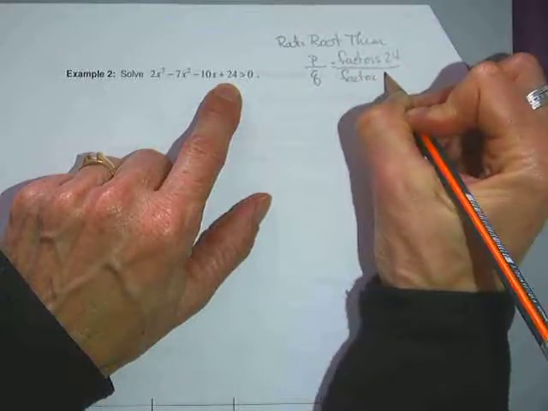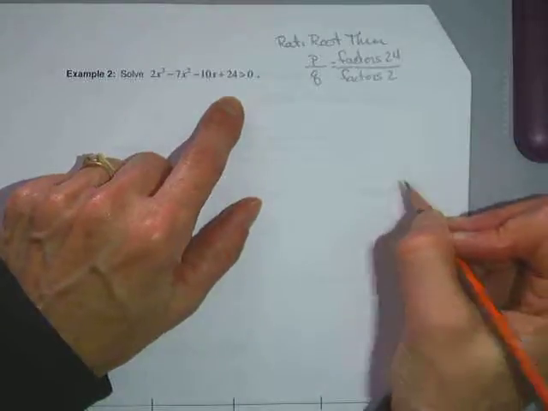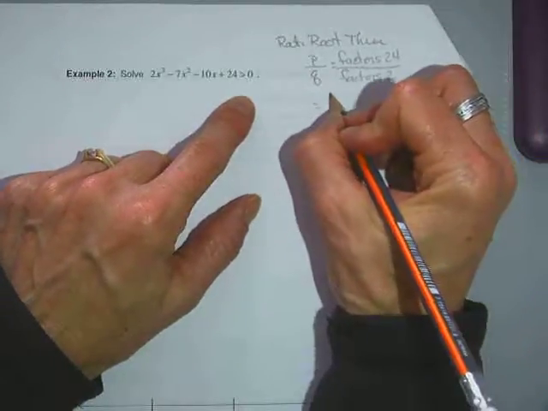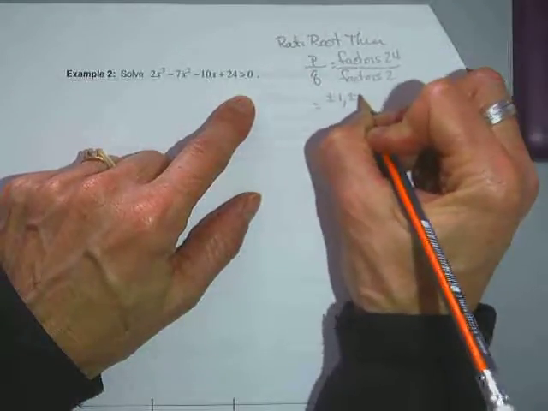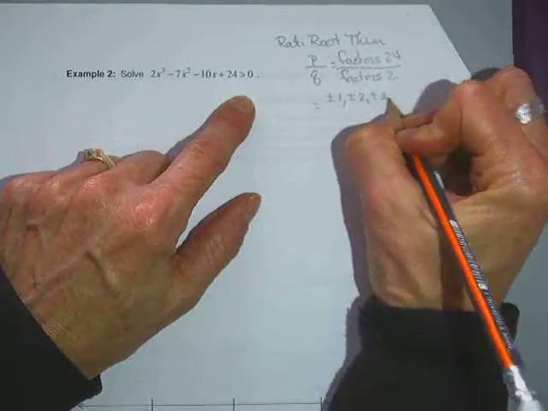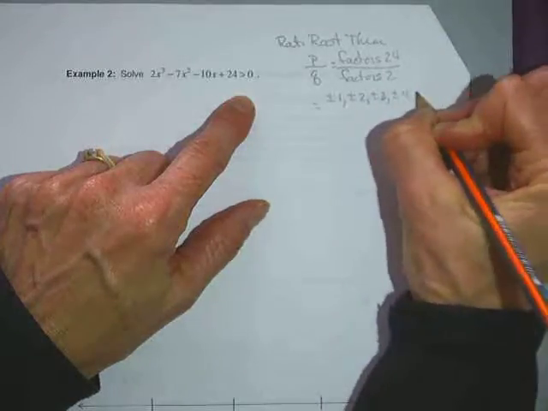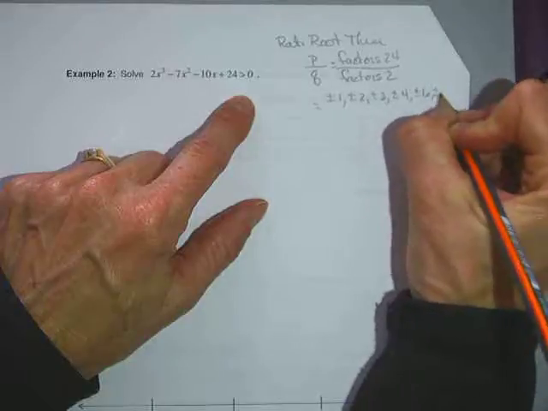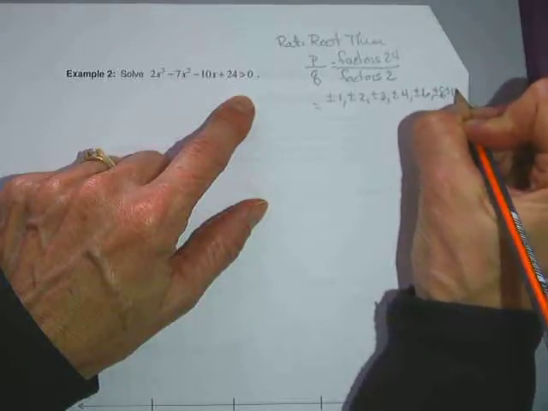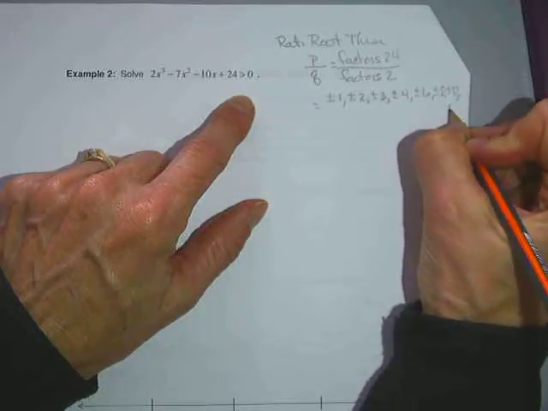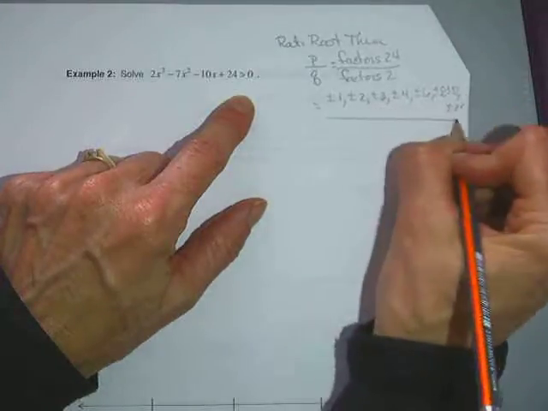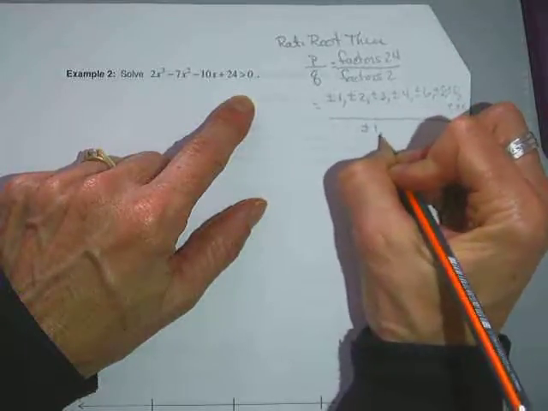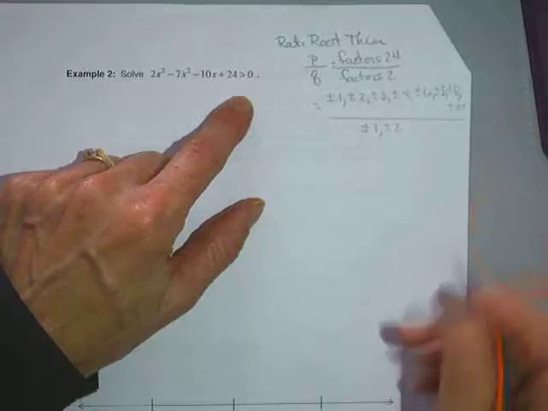P over Q. P is 24. So that would be factors of 24 divided by factors of 2. Well, that looks to me like it's going to be plus and minus 1, plus and minus 2. What else goes into 24? 12 and 2.